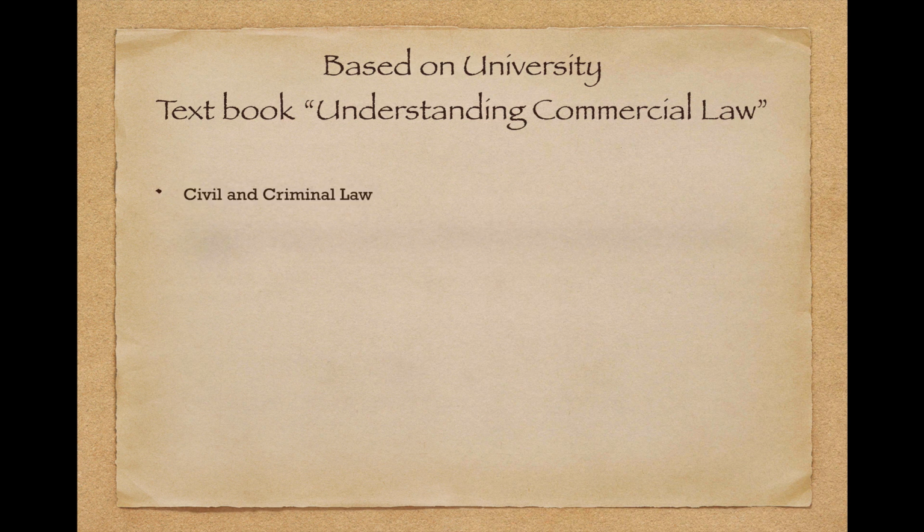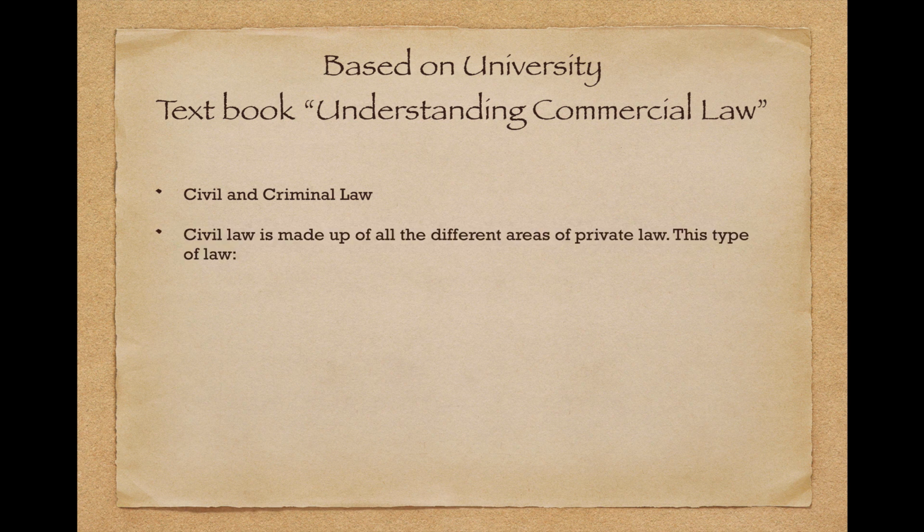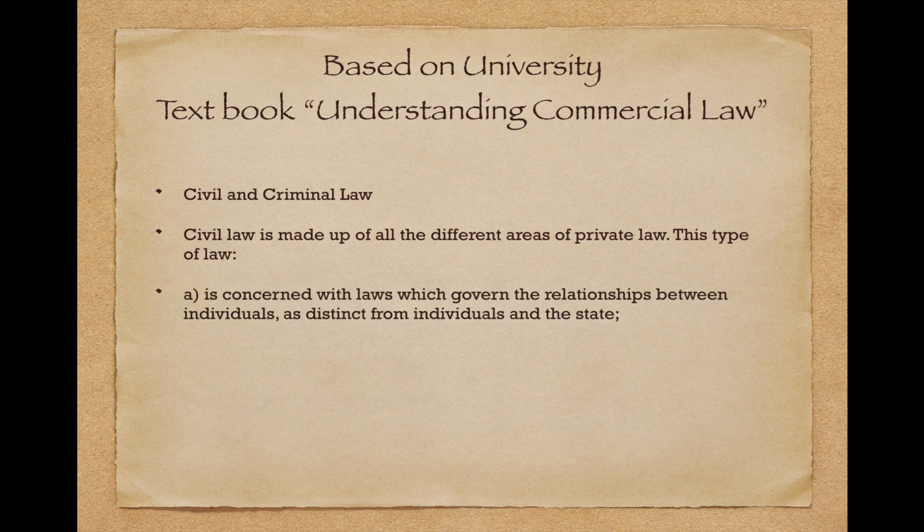Civil and criminal law. Civil law is made up of all the different areas of private law. This is really defining it now. This type of law, A, is concerned with laws which govern the relationships between individuals as distinct from individuals and the state.